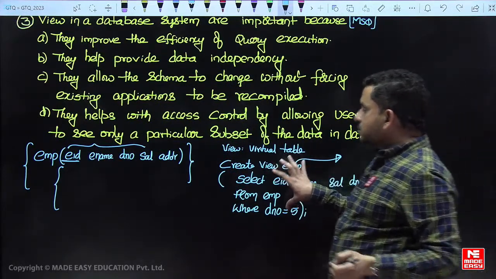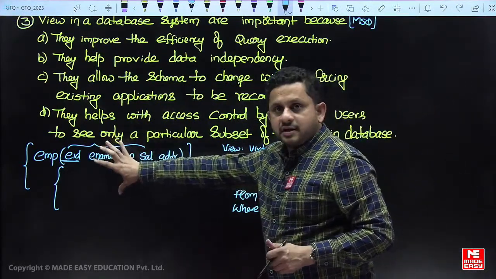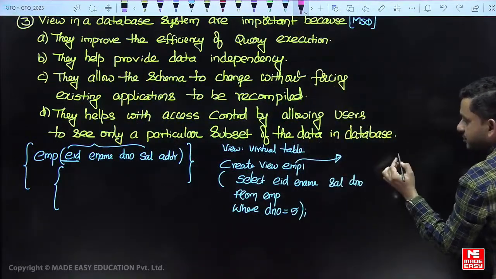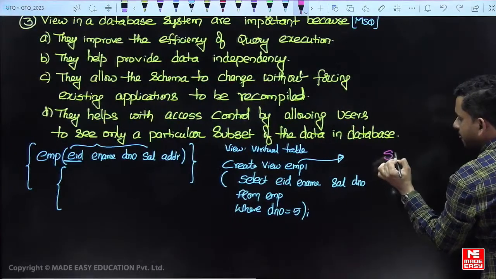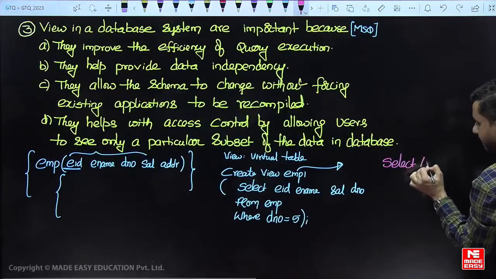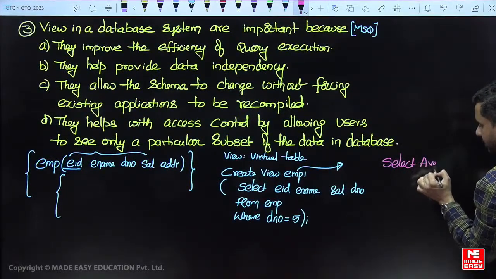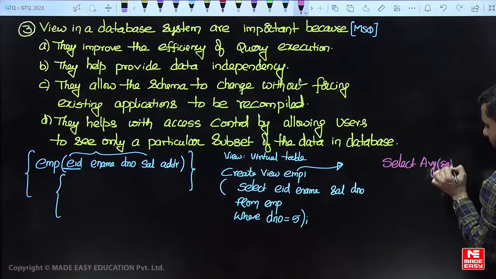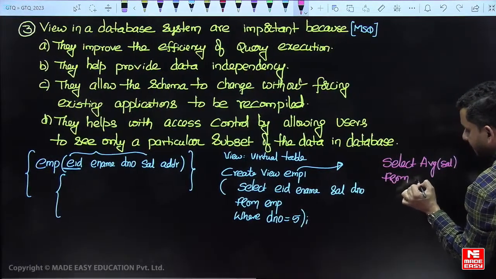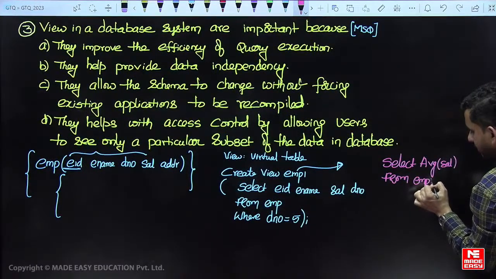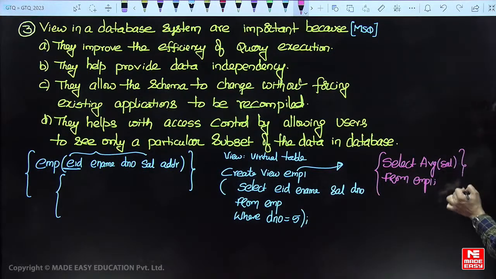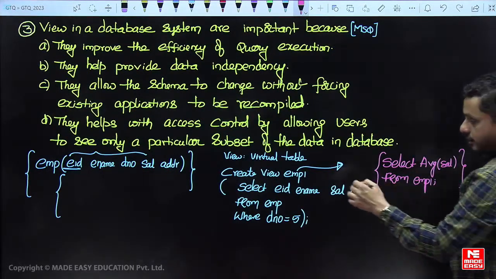But data is not stored in this view. Whenever we write a query, for example, select average salary from employee1, we can write SQL queries on this view like this.